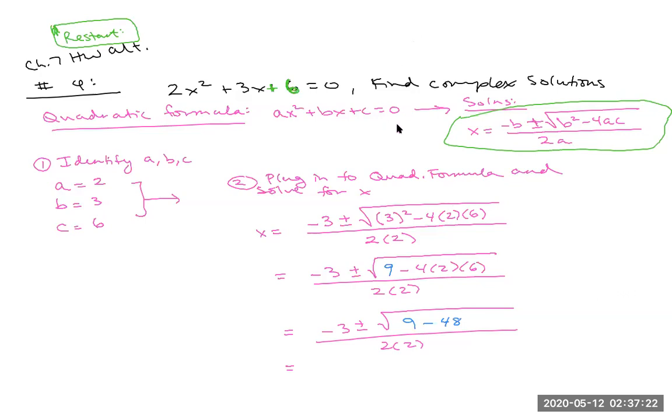And then in the next step, -3 plus minus, we have square root, 2 times 2. 9 minus 48 is going to be -39. And that's how we know we're going to get complex solutions.